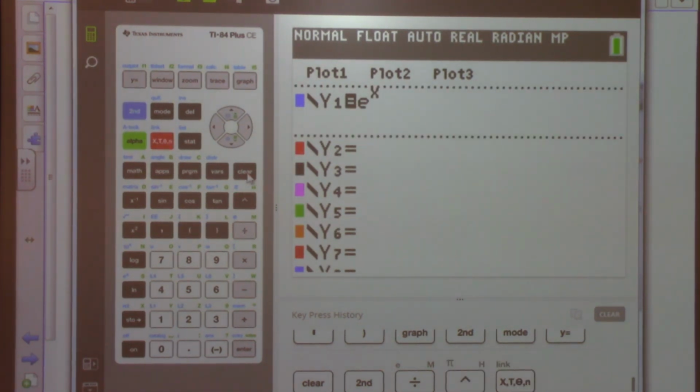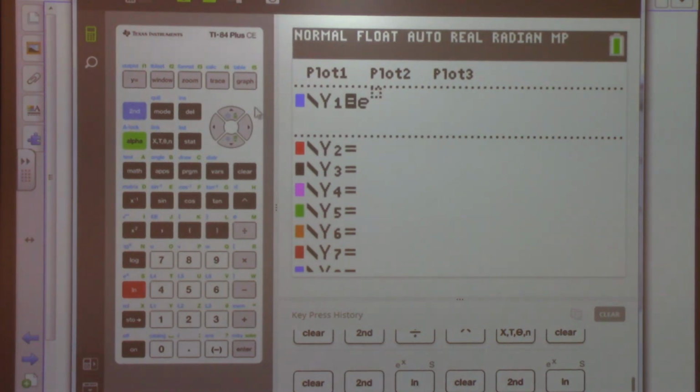Another thing you could do is go second, natural logarithm right here, and you'll get this. Second, natural logarithm. Good question.